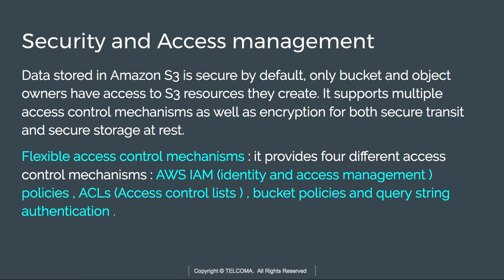Amazon S3 bucket policies can be used to add or deny permissions across some or all objects within a single bucket. Now, with query string authentication, we have the ability to share S3 objects through a URL for a valid or specified period of time.